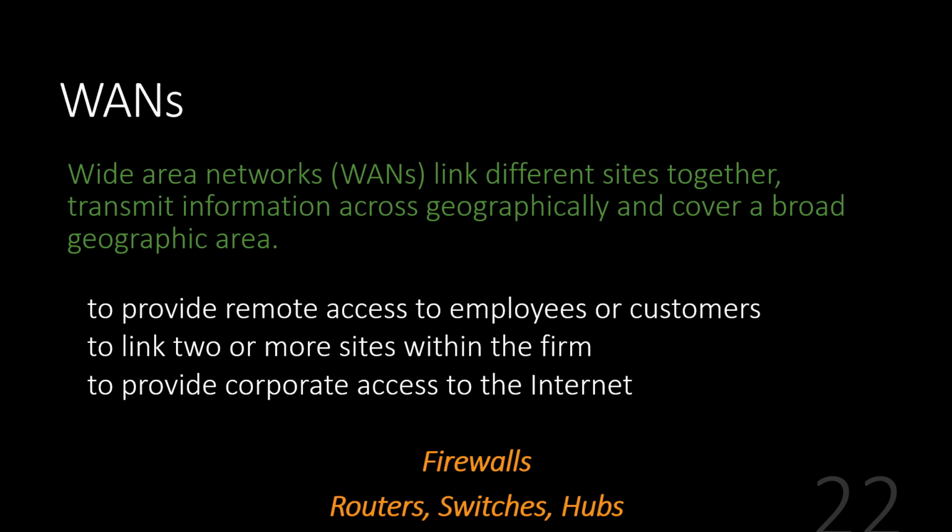Now, most of you have all of these in your home already. If you have a cable box or a DSL box, or if you have your own Wi-Fi router, that single box performs all of these functions. It can be a router, it can be a switch, it can be a hub, and it includes firewall capabilities as well. The only difference between a switch and a hub is a hub broadcasts messages out through all the ports, and just once it gets the right one, it continues.